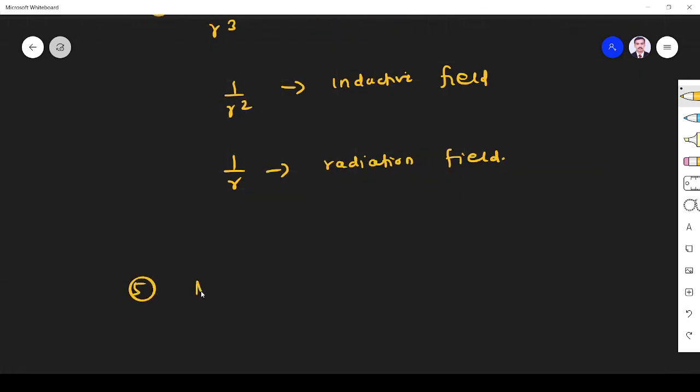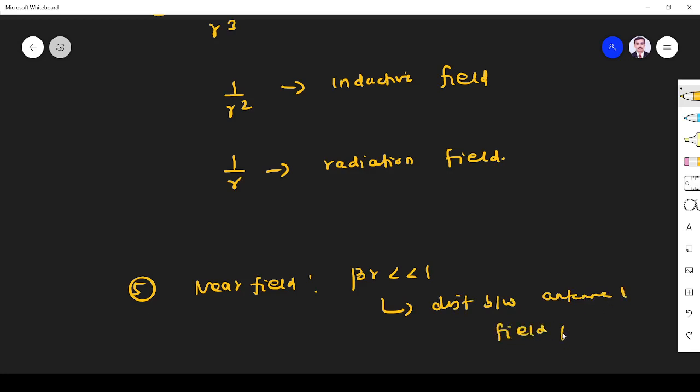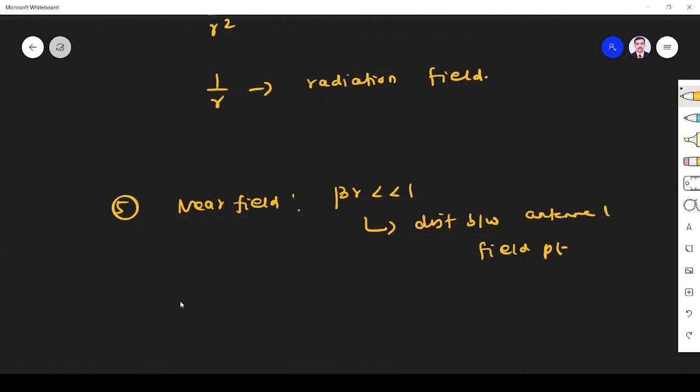Fifth point is near field. A field nearer to the antenna is called near field, given by beta r far less than 1, where r is the distance between antenna and field point. So beta r less than 1 is called near field. Far field is beta r greater than 1.